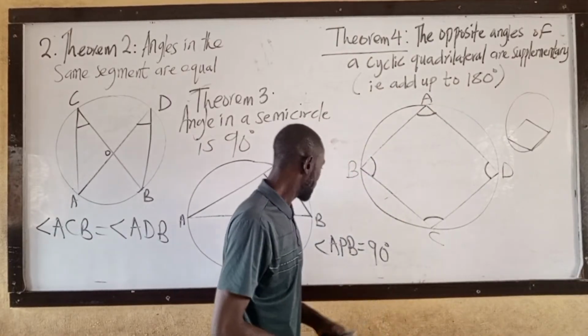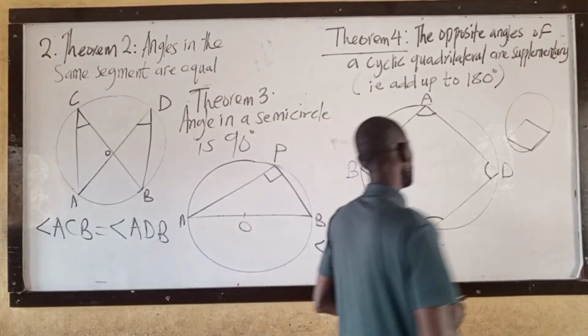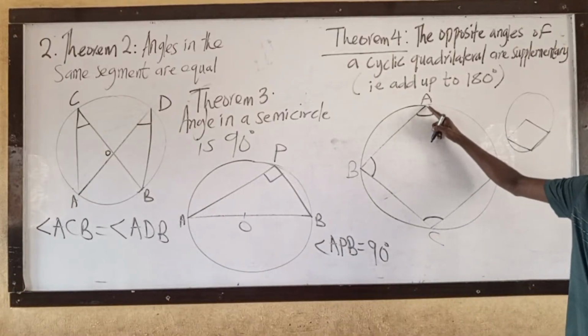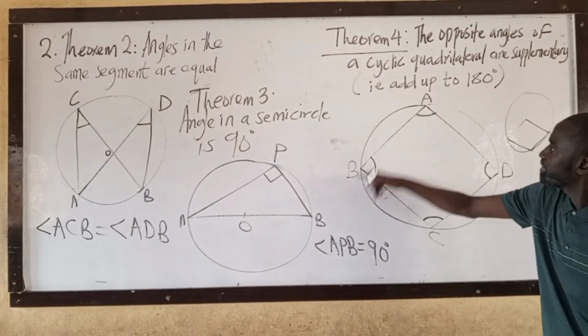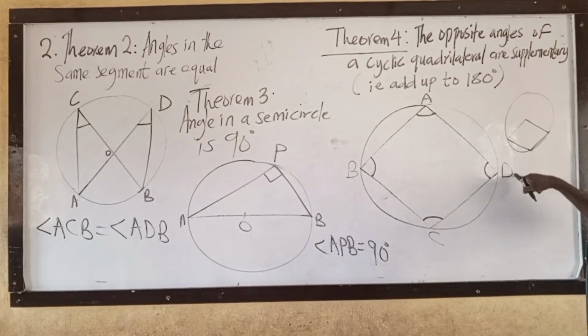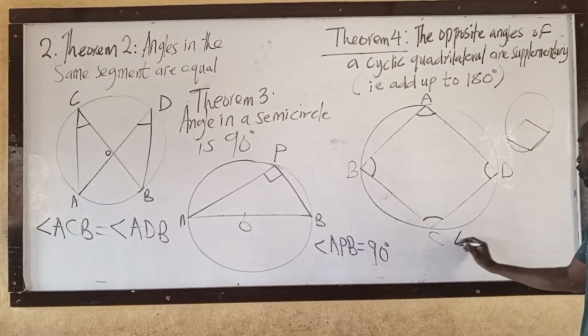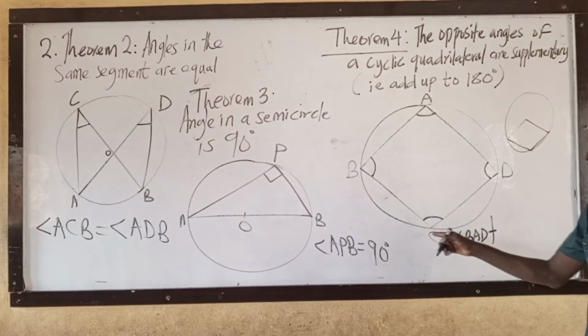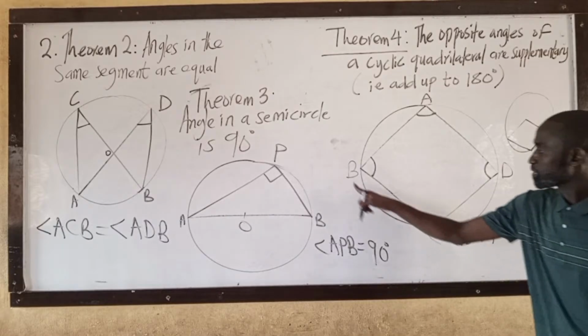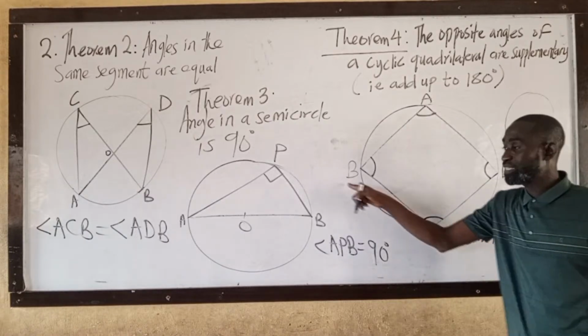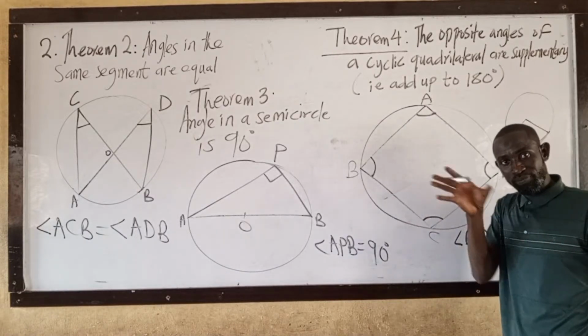So let us say it out here. So this angle A, I want to name this angle A. How do I name it? B A D or D A B. So angle B A D plus, I want to name this angle C to be B C D or D C B. You must know how to name the angles.